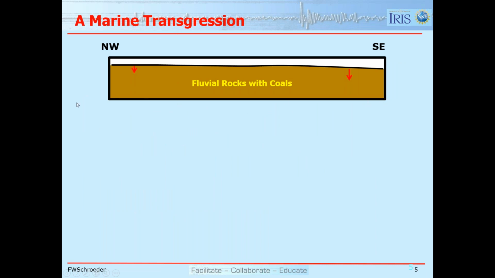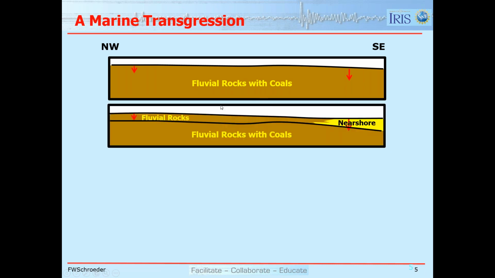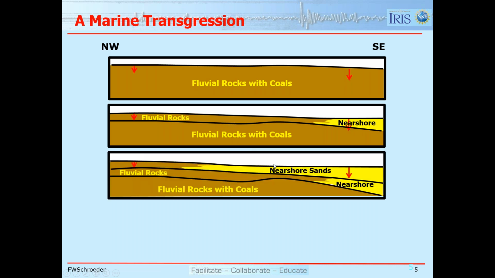So for the width of Barracuda field, the earlier part of the reservoir is fluvial rocks, and it has some coals interbedded with it. As time progresses, we get subsidence, we get some more sediment. We start to see on the southeast some nearshore sands as opposed to fluvial sands.